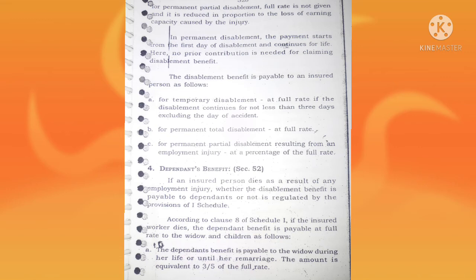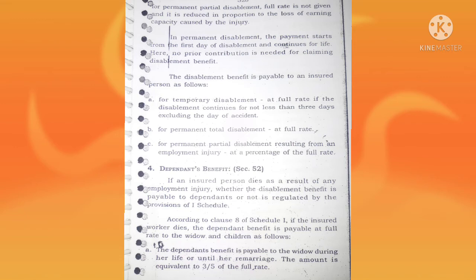In permanent disablement, the payment starts from the first day of disablement and continues for life. Here, no prior contribution is needed for claiming disablement benefit.